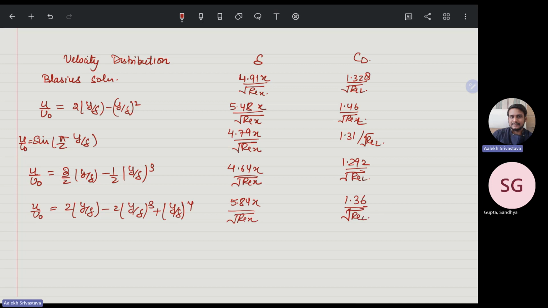So for different types of profiles, you can get different values, but only the coefficients are changing.